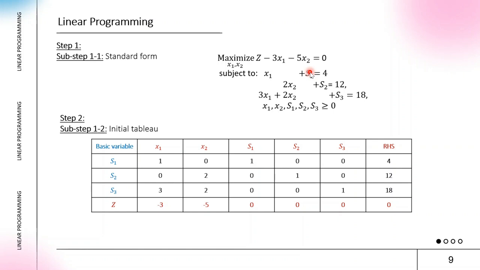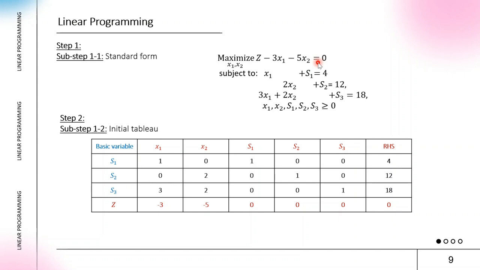Then we convert the objective function into the standard form. The objective is rewritten as z minus 3x1 minus 5x2 equals 0. In the next substep of step 1, we construct the initial simplex table.